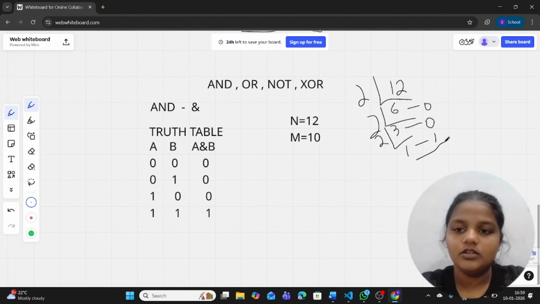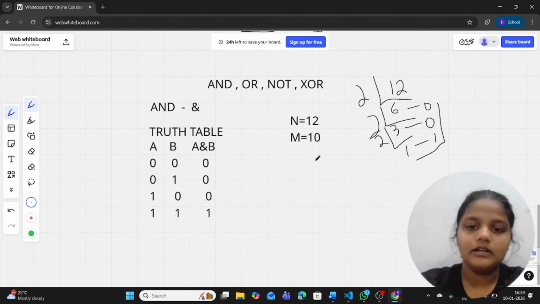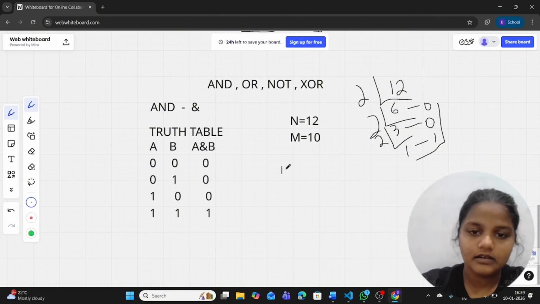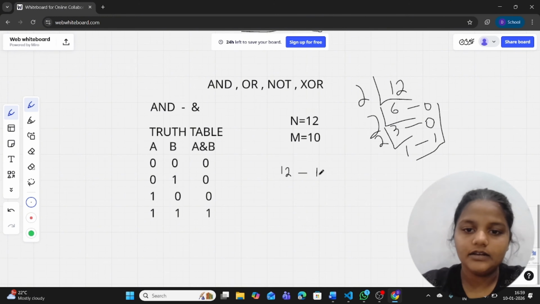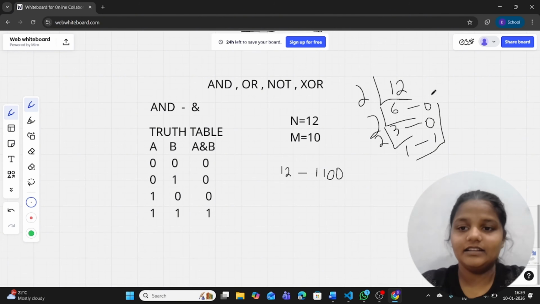So we look from down to up, and for 12 we get 1 1 0 0. Then for 10, we also want the binary number. We divide by 2. Two 5s are 10.